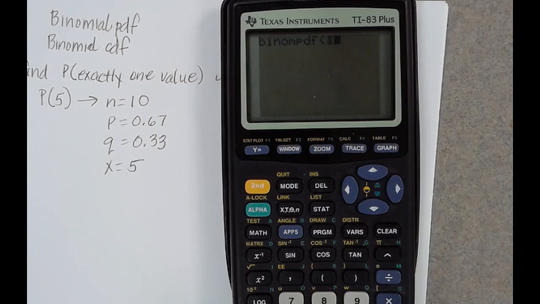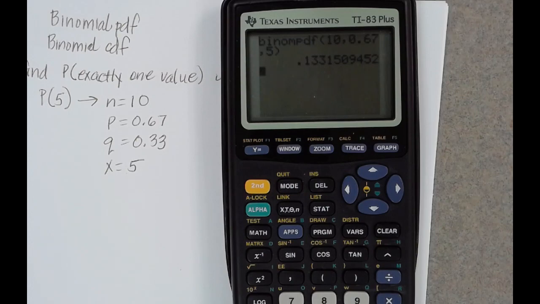N, which is 10, comma, p, which is 0.67, comma, 5. I'm going to close the parentheses and press enter.